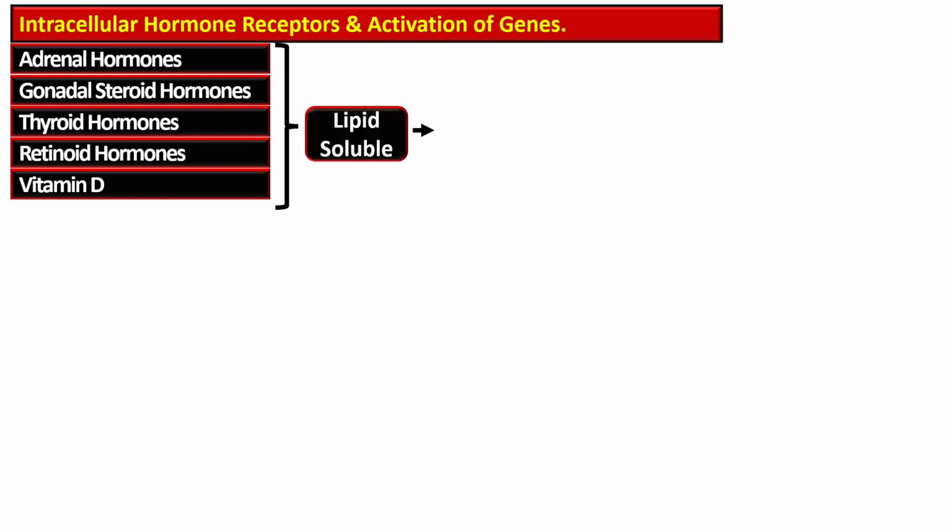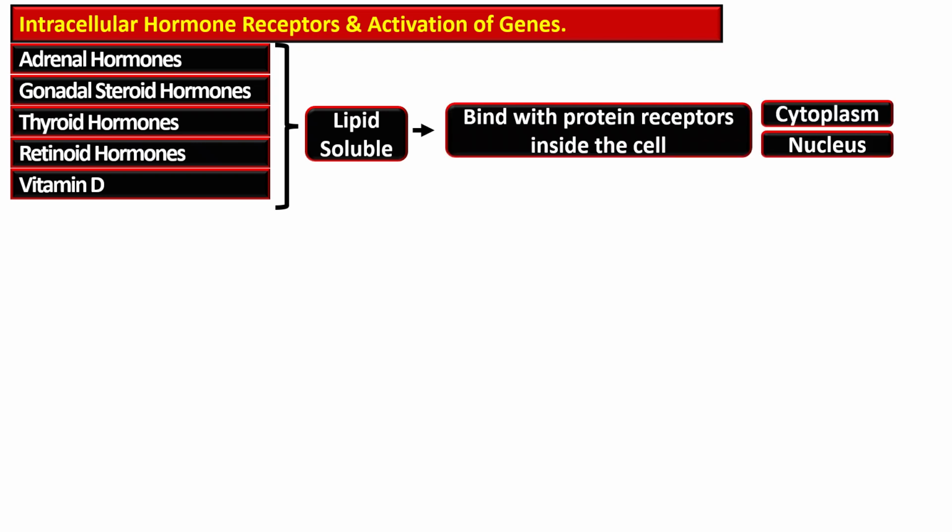They are the lipid soluble hormones, and these lipid soluble hormones diffuse into the cell because these hormones are lipophilic and they cross the plasma membrane freely. They bind to the intracellular receptors.